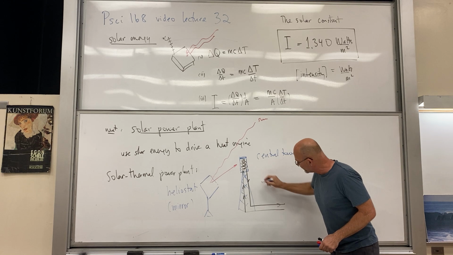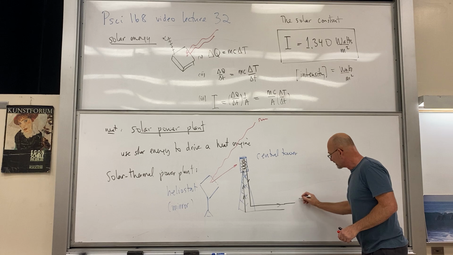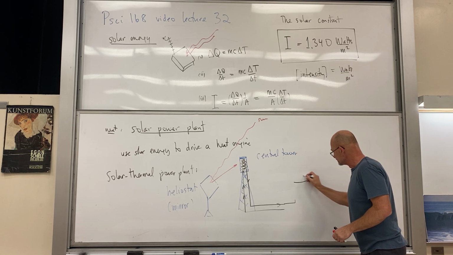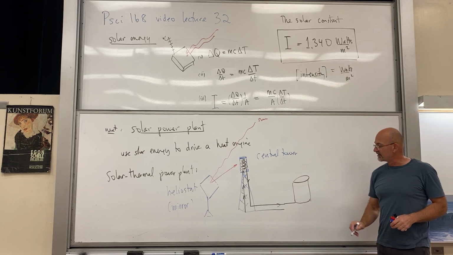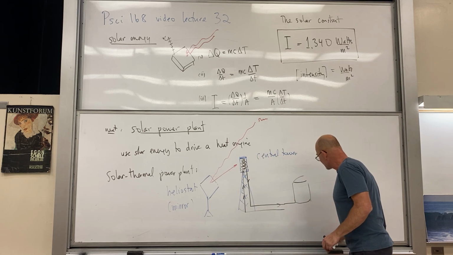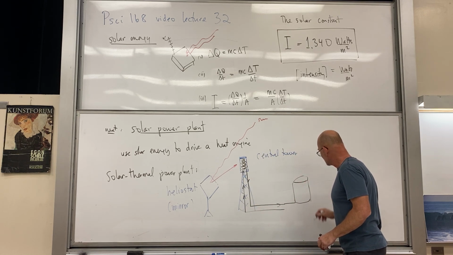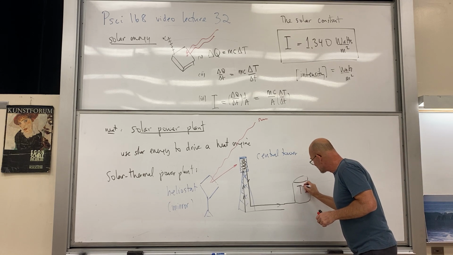Okay, so those are my arrows here. So the one that's leaving it goes to a storage tank that holds a very hot liquid. Another tank here. So this is a storage tank at a very high temperature.